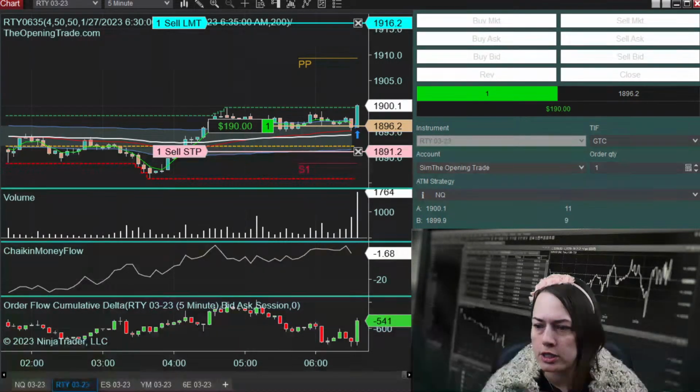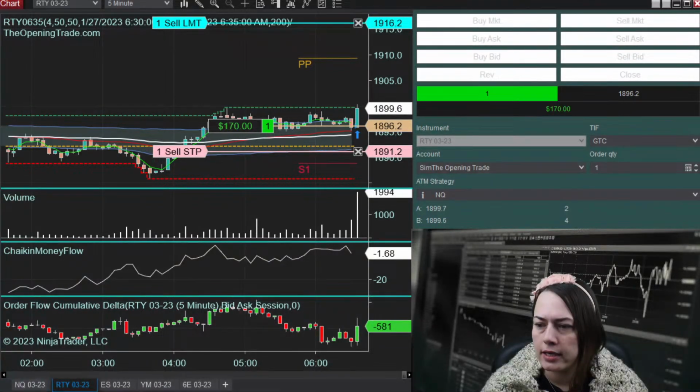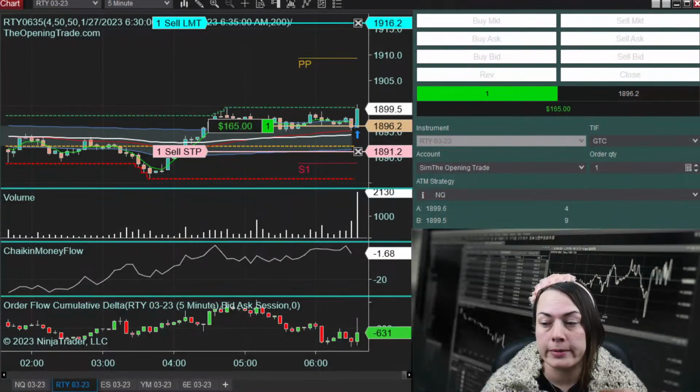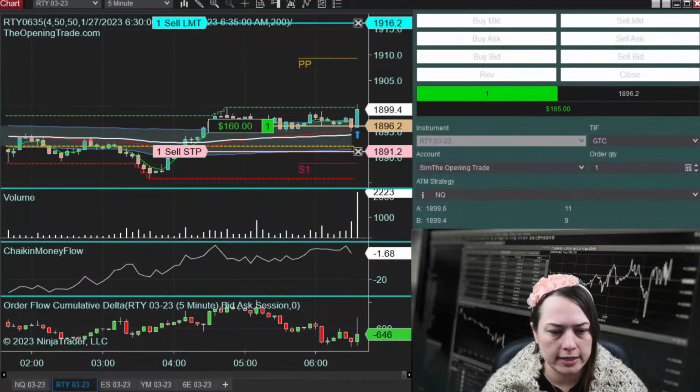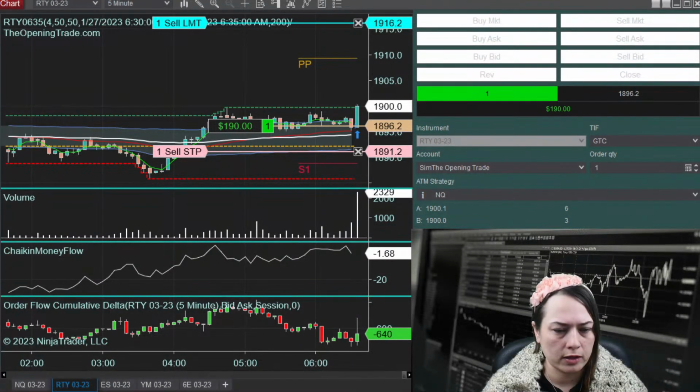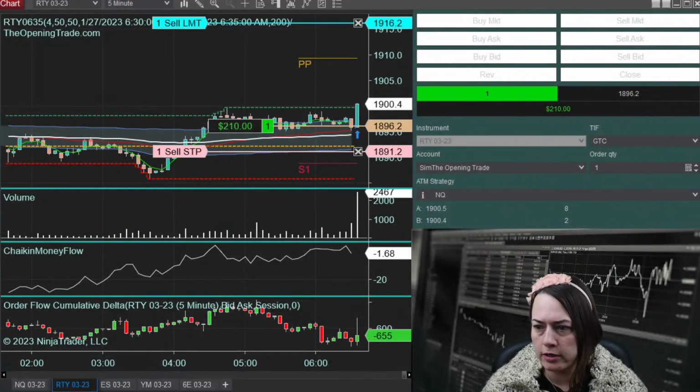We are watching this trade here. And so what I'm doing is I'm trying to decide for myself whether or not I'm going to let the automated trading system run here.